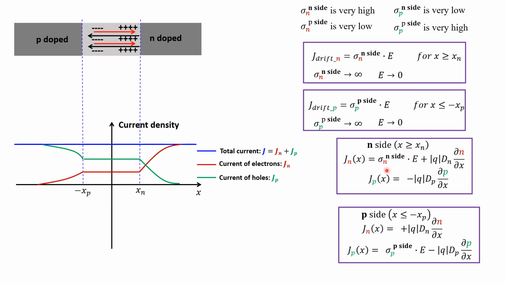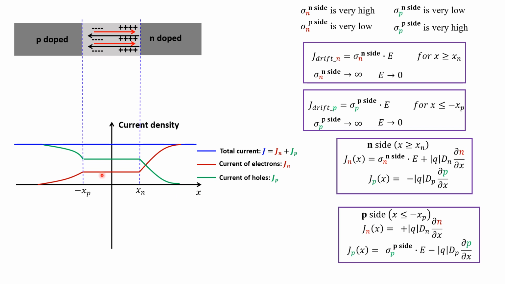We only know that we can dismiss it for the minority carriers, but we cannot dismiss it for the majority carriers because the conductivity is high. So we cannot dismiss this product, and we cannot dismiss this product. So we want to avoid having to calculate this current and this current.